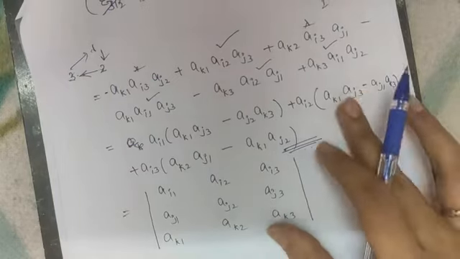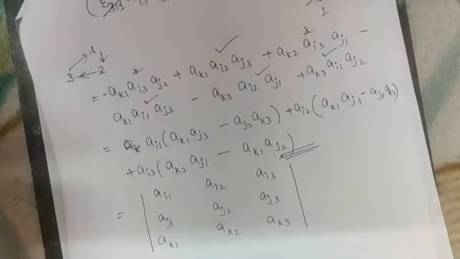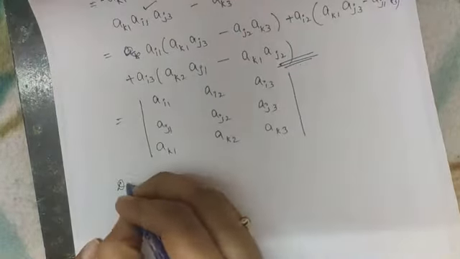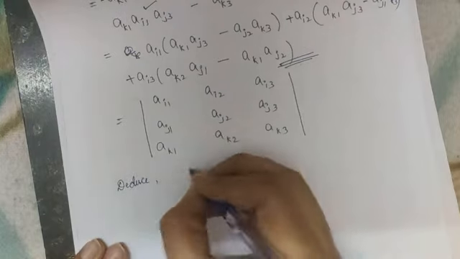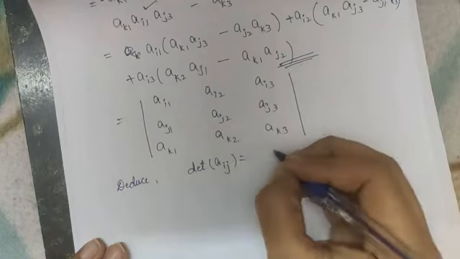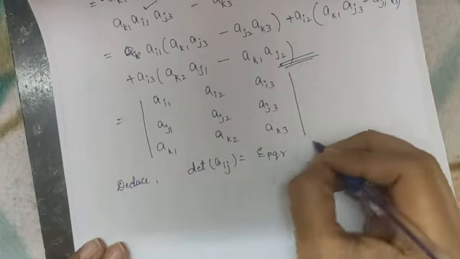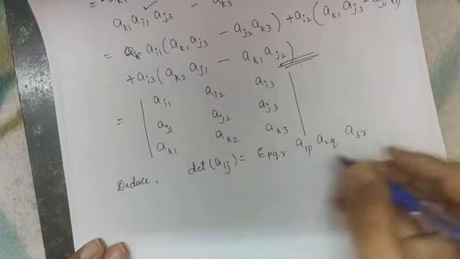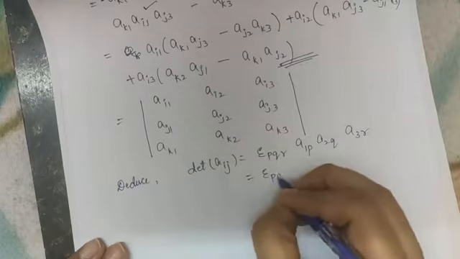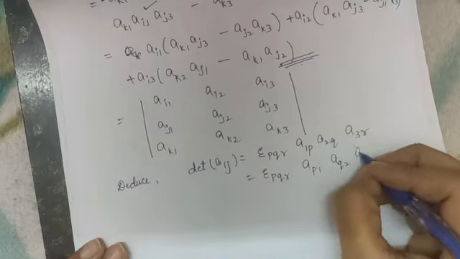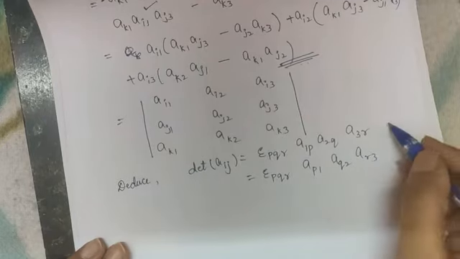With the continuation of this identity, we have to prove one more thing, that is, deduce that the determinant of Aij is equal to epsilon PQR A1P A2Q A3R, and this is equal to epsilon PQR AP1 AQ2 AR3.